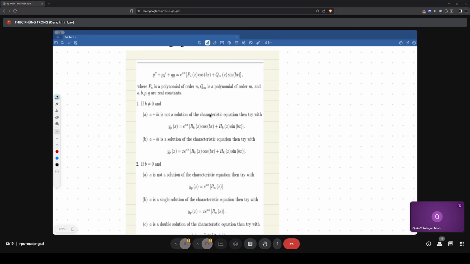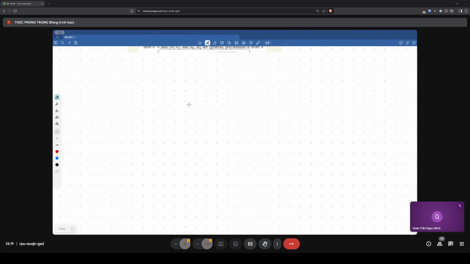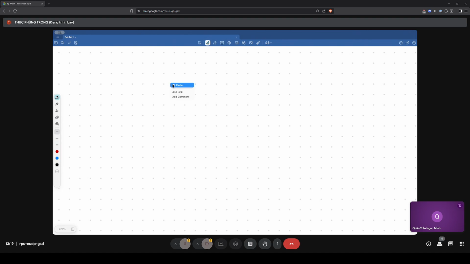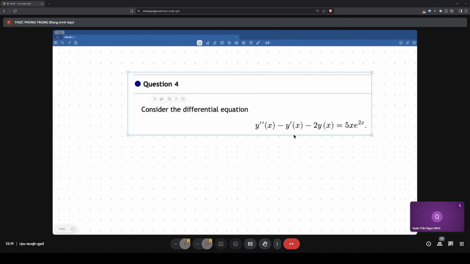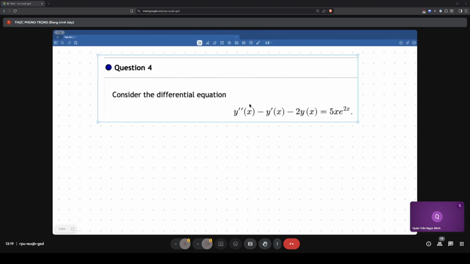Now let's practice the formula. So I think we can do question number 4. Let's consider this one as an example.